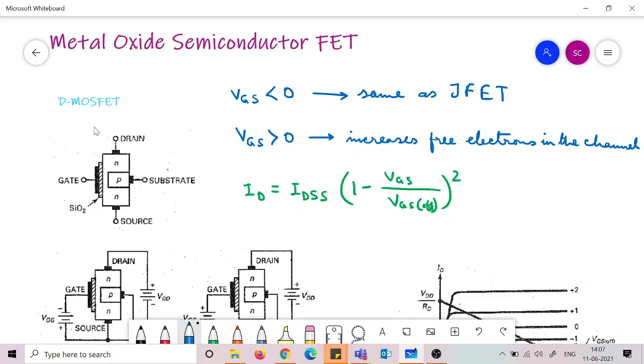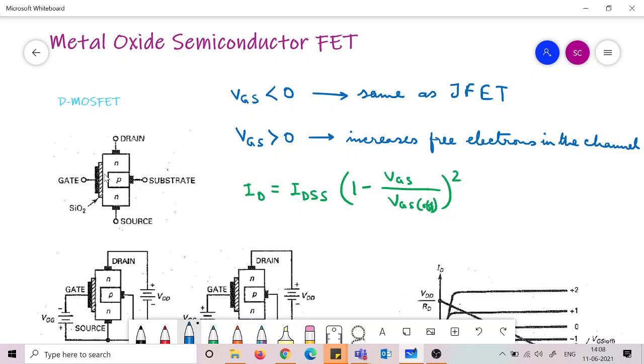But in depletion type MOSFET we have only a single region of P-type material, as you can see in this diagram, and it is having a very narrow channel at one end of the entire device. Okay, at one side of it there is a very small channel. It is drawn in this way to show it larger, but it is a very narrow channel.